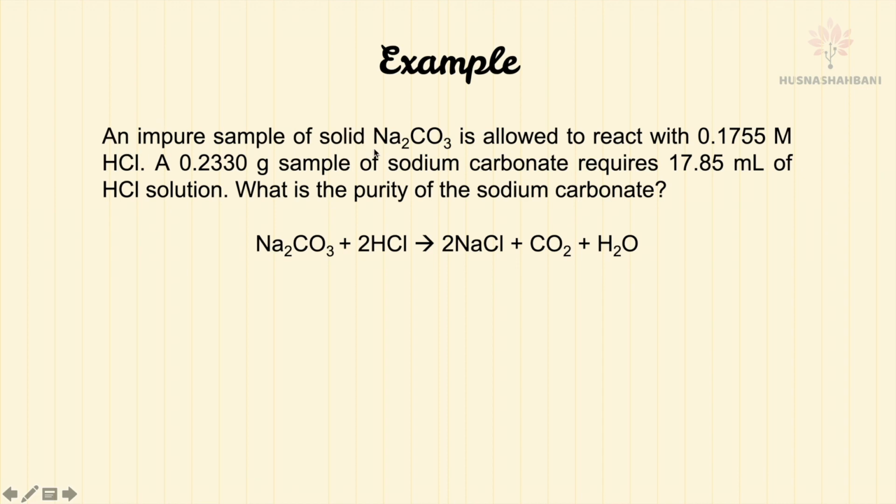An impure sample of solid sodium carbonate is allowed to react with 0.1755 molar HCl. The 0.2330 gram sample of sodium carbonate requires 17.85 ml of HCl solution. Given the mass of sodium carbonate and the volume of HCl solution, we want the purity of sodium carbonate.